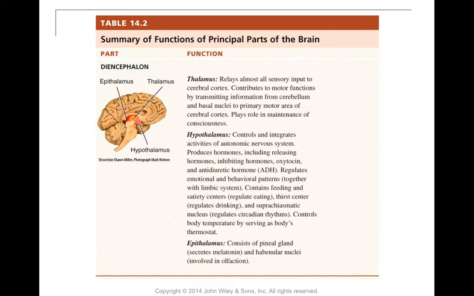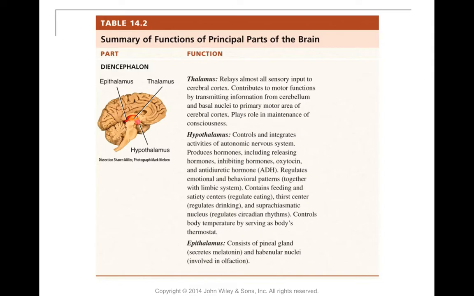The hypothalamus is going to help control the autonomic nervous system, so ANS things, including hormones. We'll talk about this extensively. That's why chapter 15 is actually what we're going to start on, and it's going to talk about a lot of things that are hormones that are going to be secreted or produced by the hypothalamus and the thalamus.